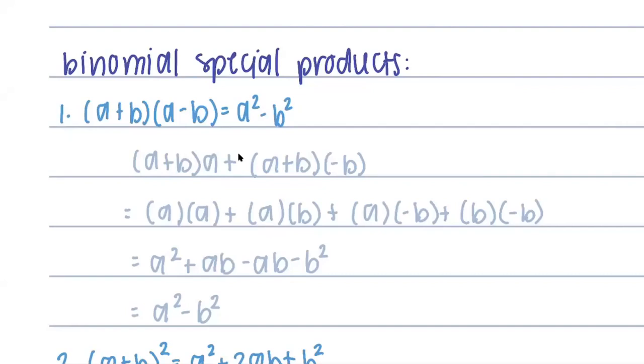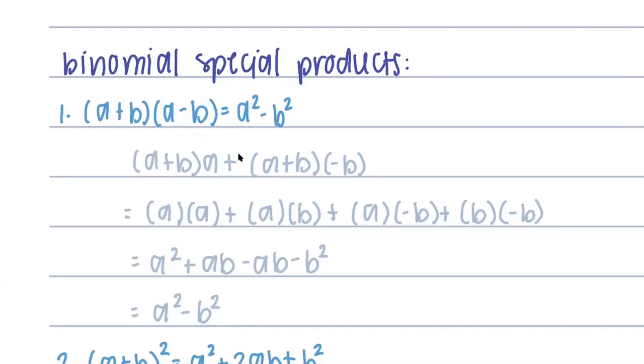Okay, so here's the distributive property kind of proving this little shortcut. When you go through using the distributive property, you have a plus b, and then you distribute this set of parentheses. So you have a plus b times a, and a plus b times negative b, because of the negative sign right here.